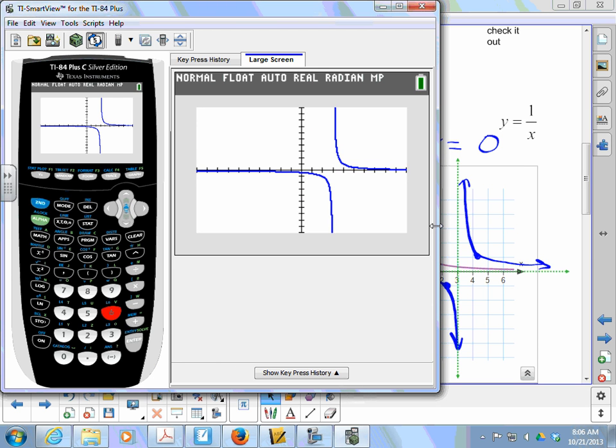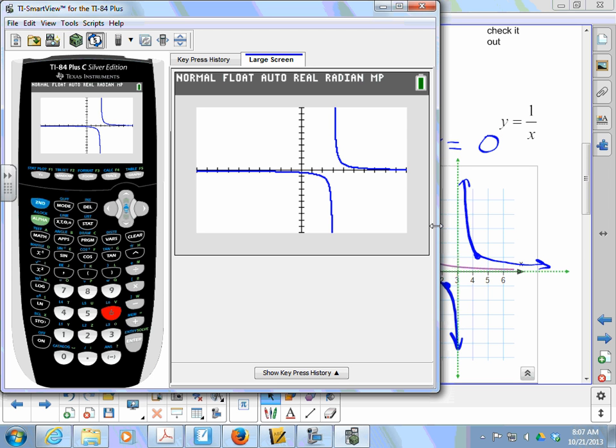Now, I just want to make sure, did anybody's graph have a line down there through the middle? Or does yours look just like mine? What's that? The fraction bar?